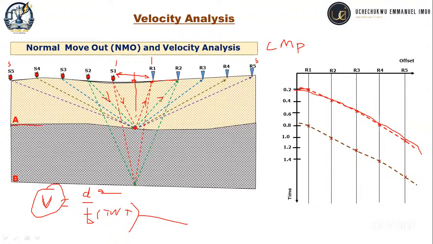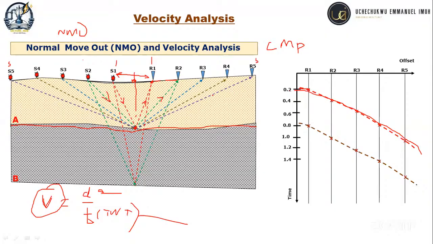Remember the event is coming from a somewhat flat geologic boundary, theoretically. We believe that the seismic wave travels from the sources to the point and then reflects to the receivers, and because of distance away from each other, we get what we call the normal moveout.